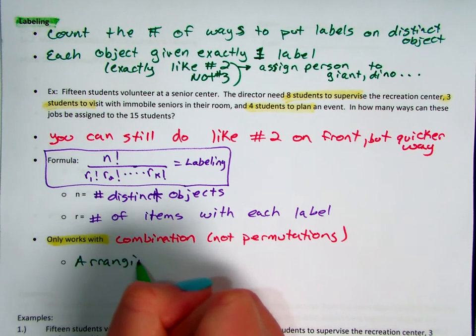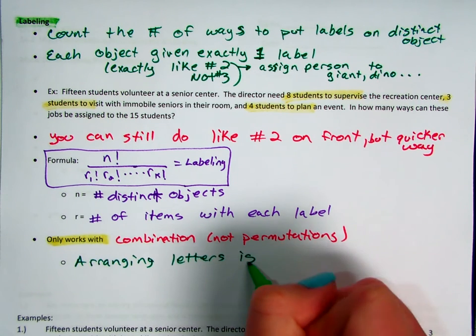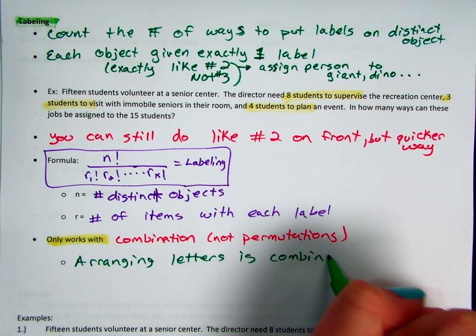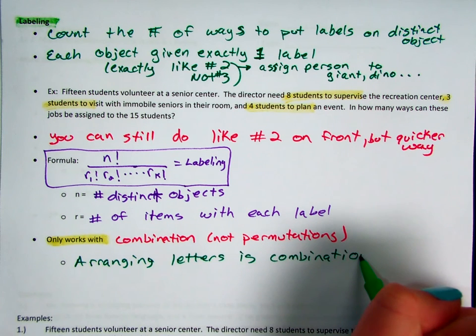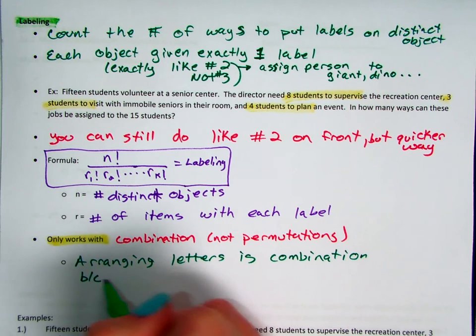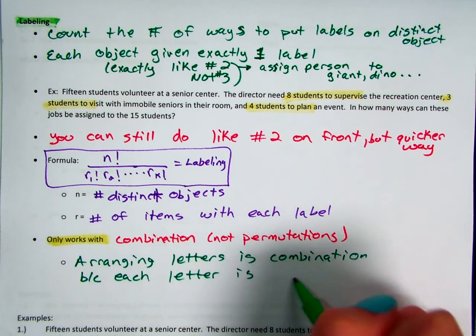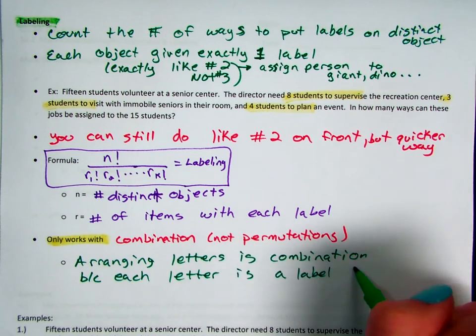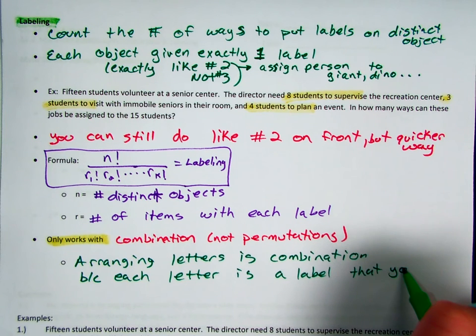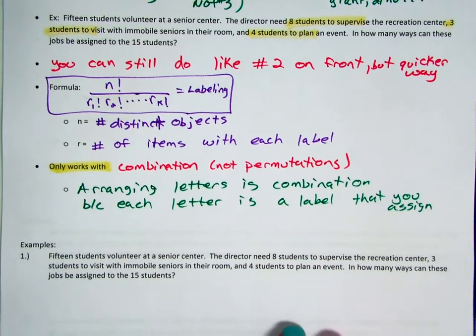So arranging letters is a combination. Because each letter is a label that you assign. So as soon as I see a word problem, like how many arrangements of these letters are there, I immediately know that it's going to be labeling that I need to do.